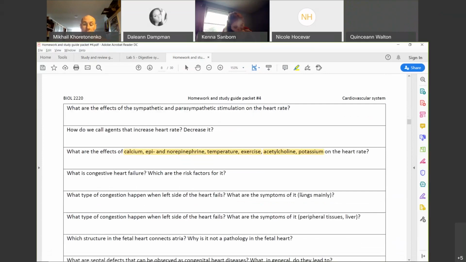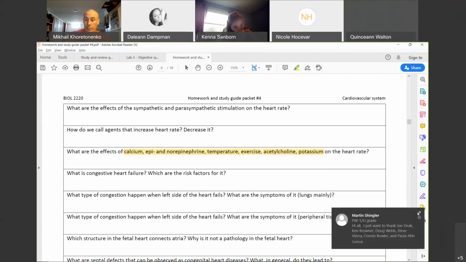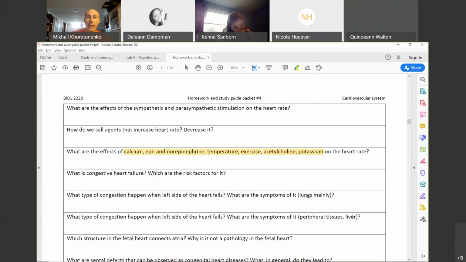So blood gets congested around the lungs, and the main symptoms are pulmonary edema and pulmonary hypertension. When the right side fails, congestion happens in the systemic circuit. So peripheral edema and hepatic portal hypertension.